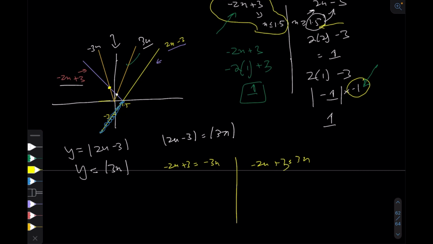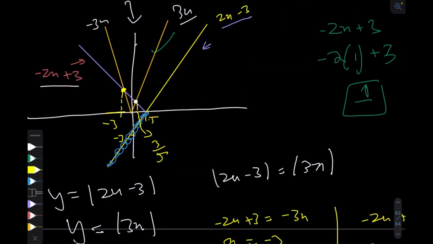So negative 2x plus 3 is equal to negative 3x, or negative 2x plus 3 is equal to 3x. This will become x is negative 3, and this will become x is 3 over 5. Another advantage of graphing it is that once you get the values, you can make sense of them.